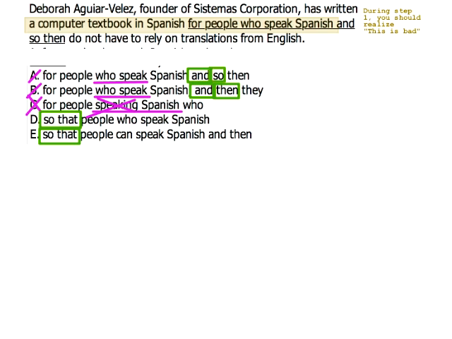Now notice, we've already eliminated A for reasons that are clear. But what we should think about for a moment is, because again, we need to be precise, let's ask ourselves whether this is a precise enough conveyance of the meaning that we want.